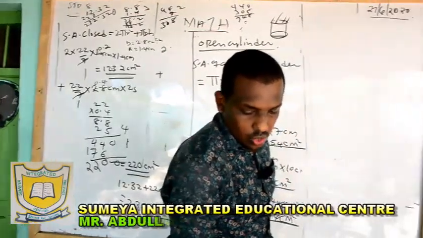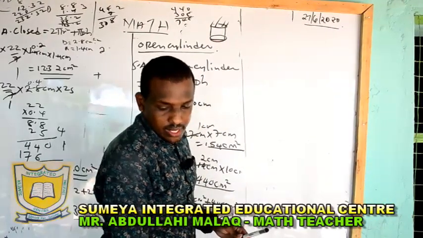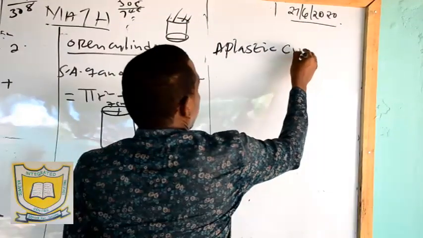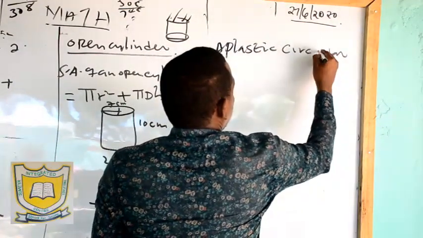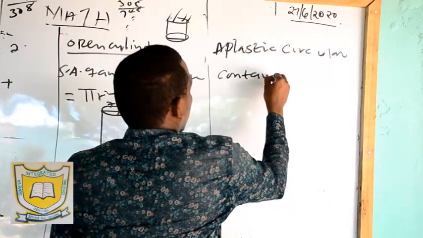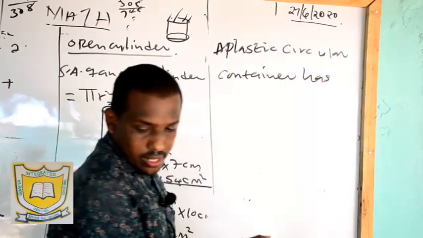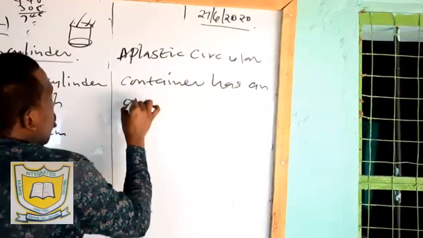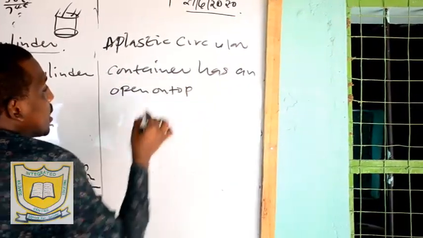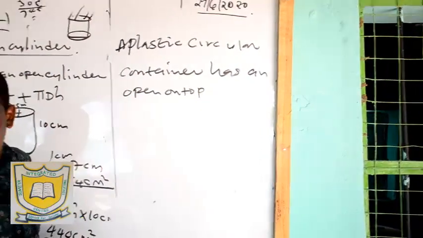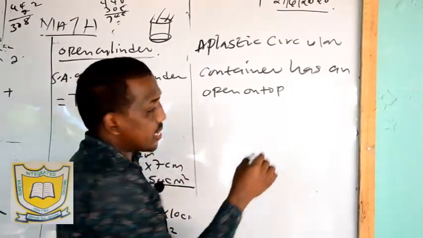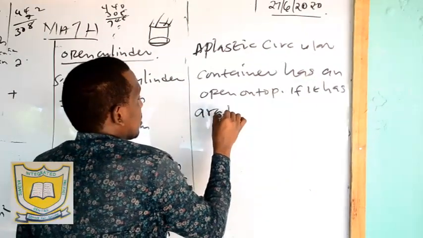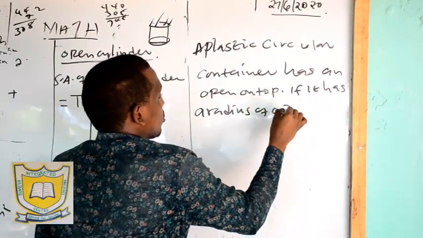Let us do now when it is also open. You are told a plastic circular container has an open top.